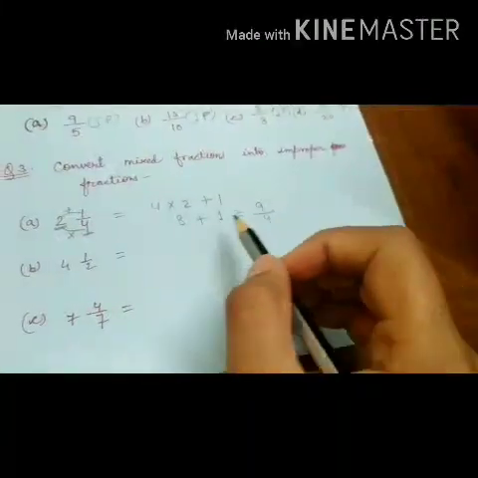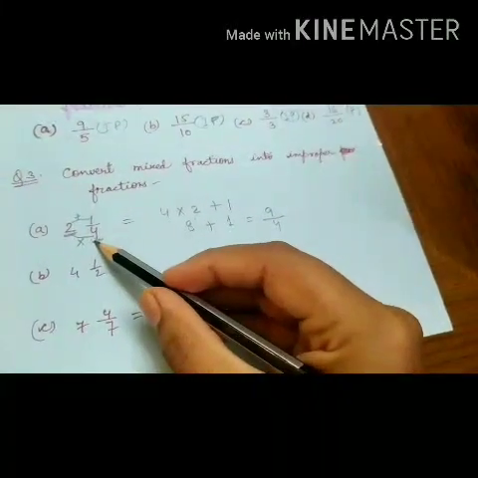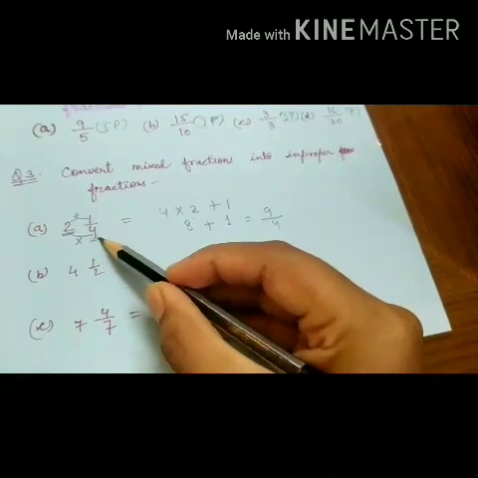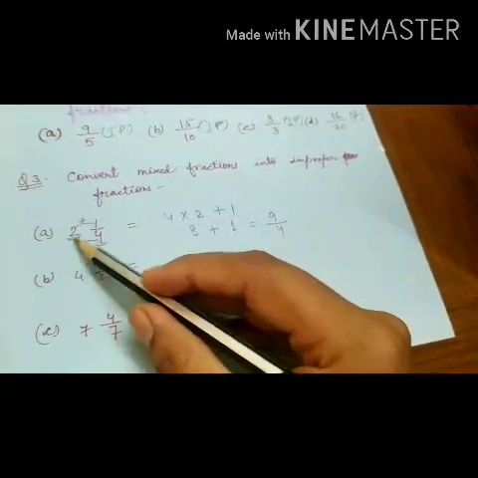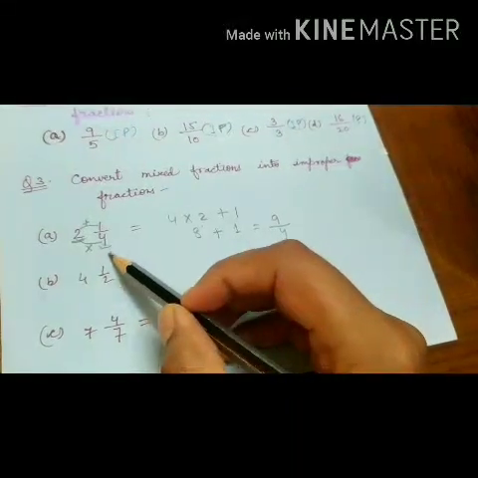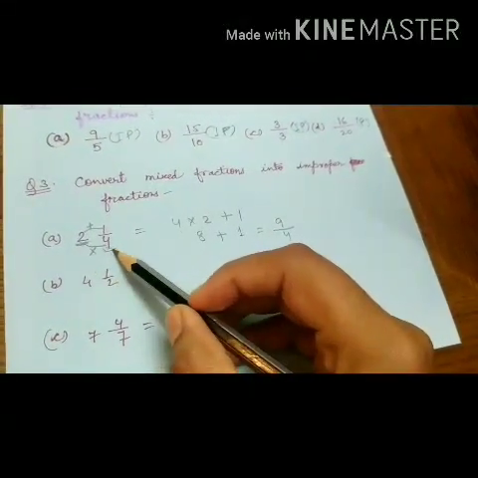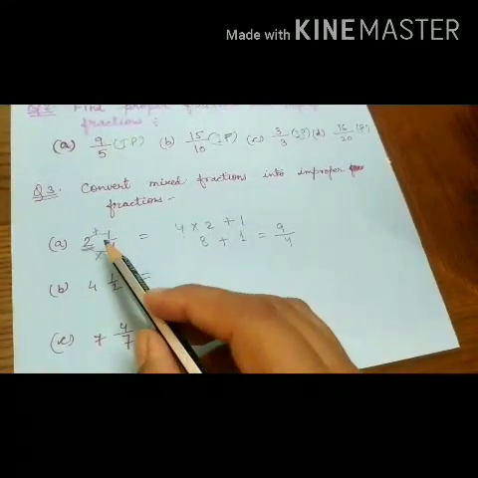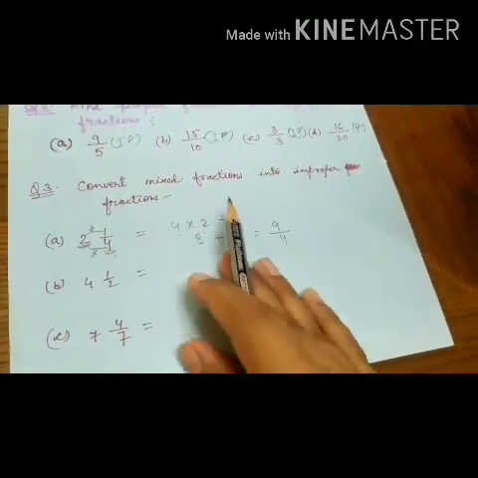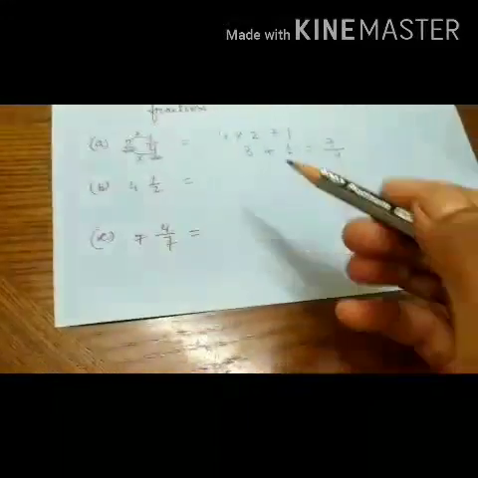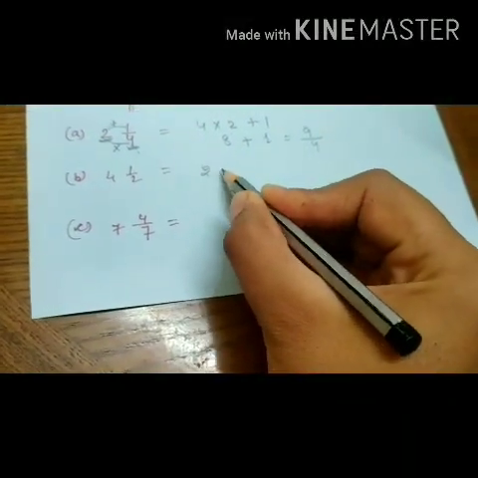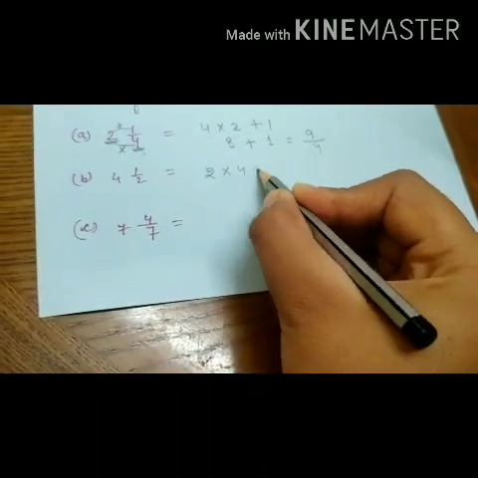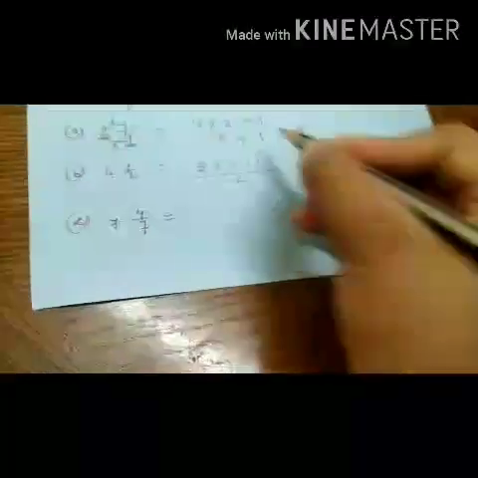The denominator is always 4 because it will be the same. Next, 4 1 by 2. See, 4 1 by 2. 2 is multiplied by 4 plus 1 upon 2.